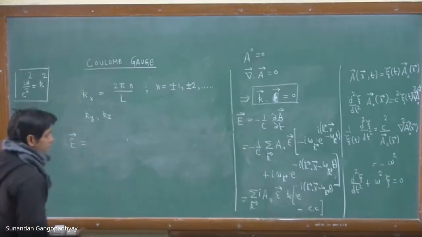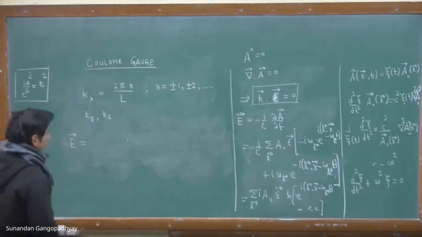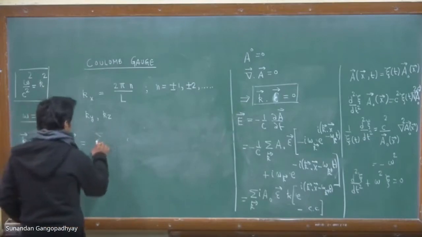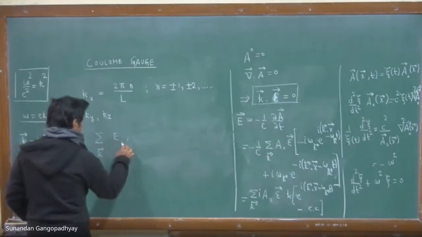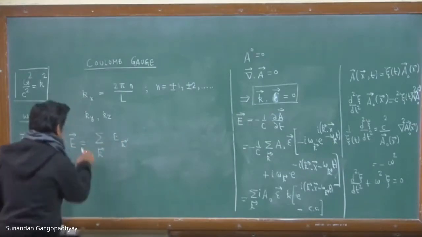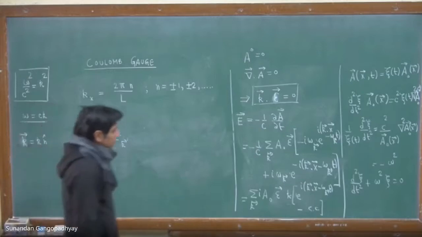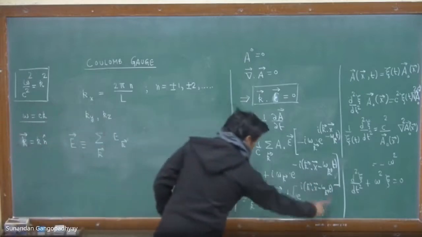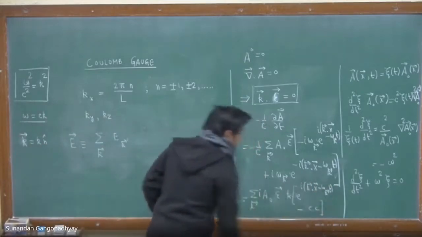Let us not simplify it further. So we can write this as E k vector, where E k vector is just the portion that is inside the summation.